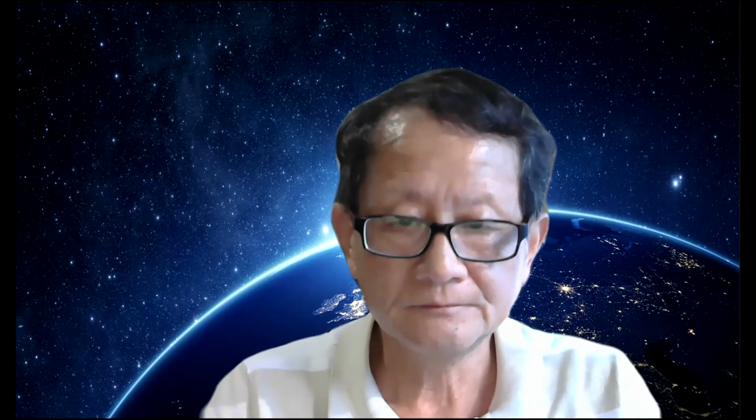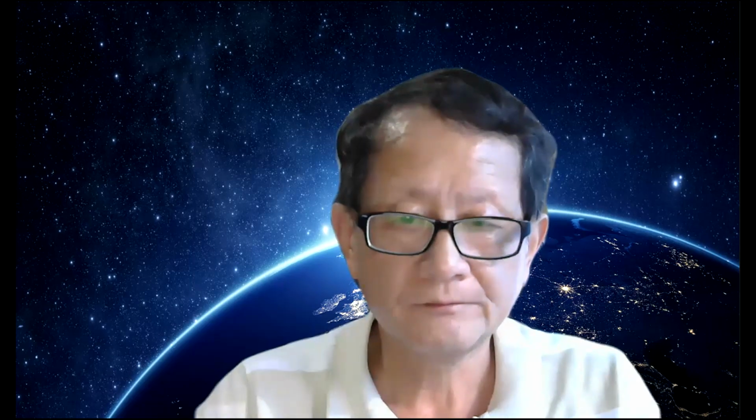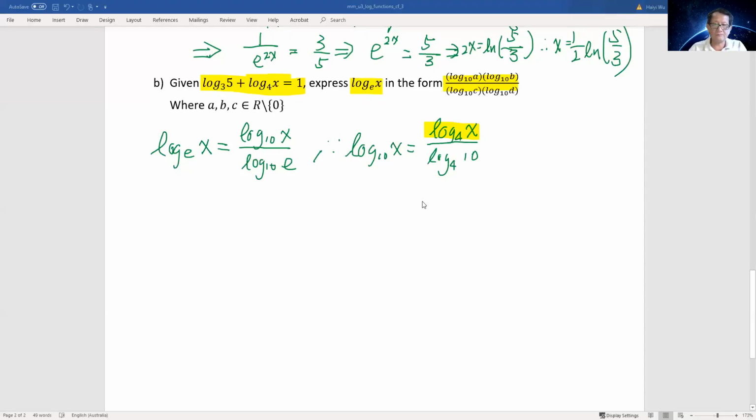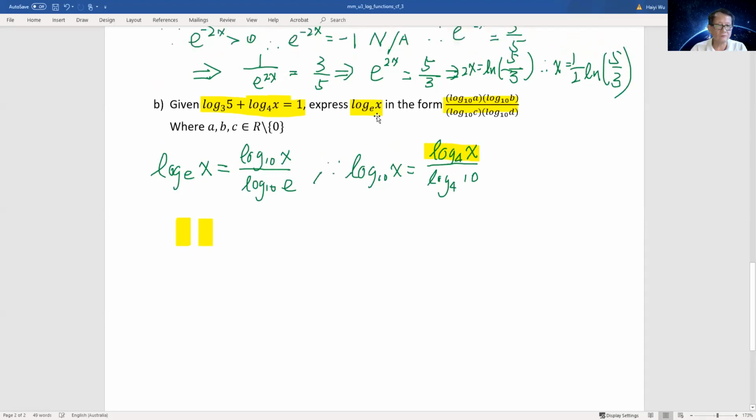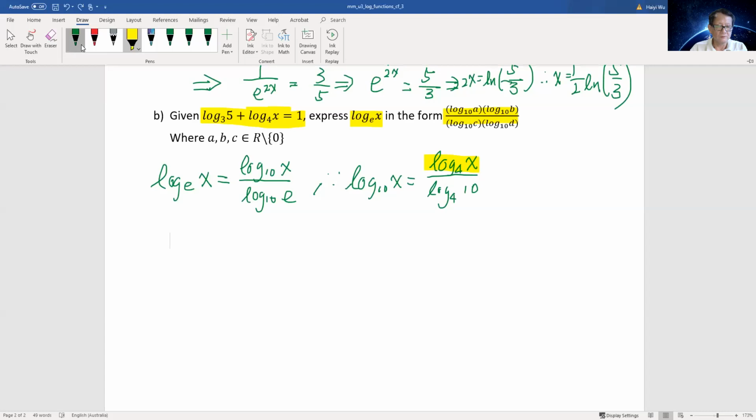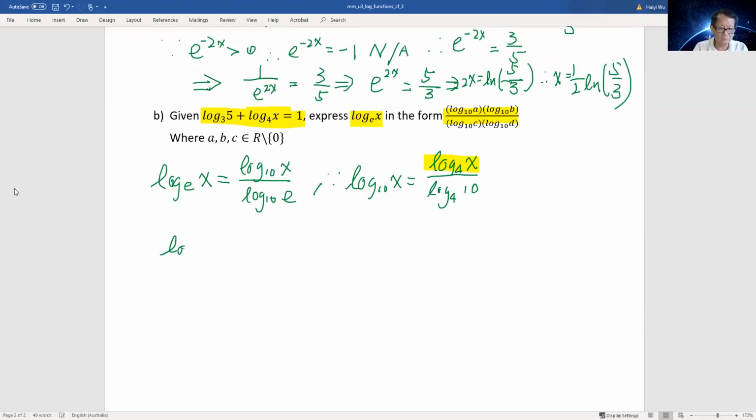So we continue on. Now the bottom log of 4 base 10, you might ask, why do we have base 4?